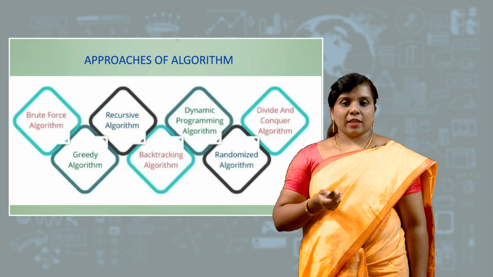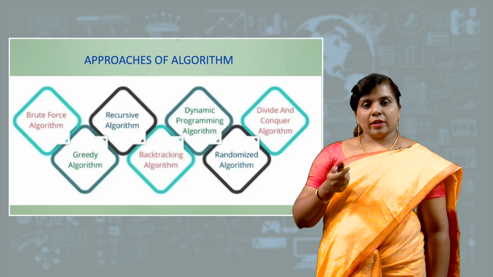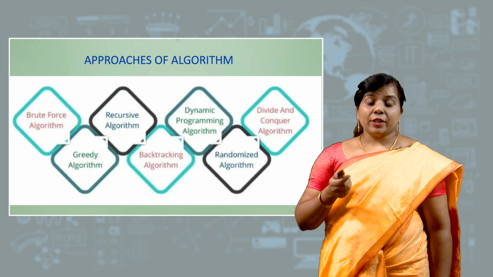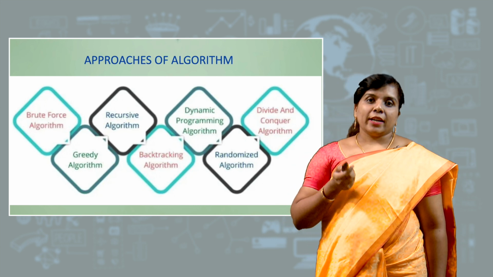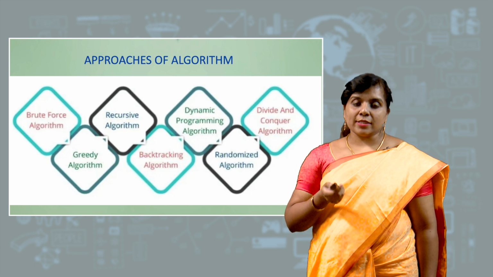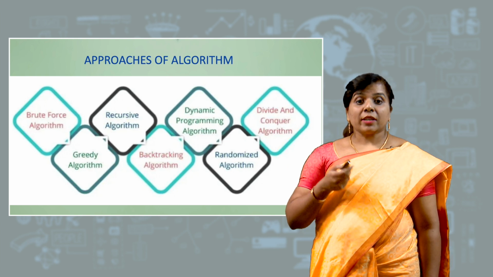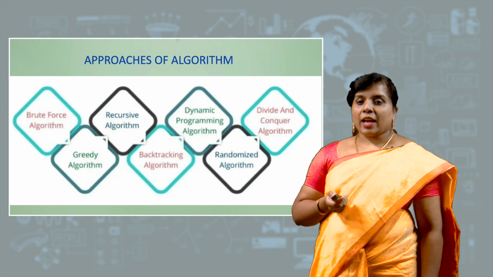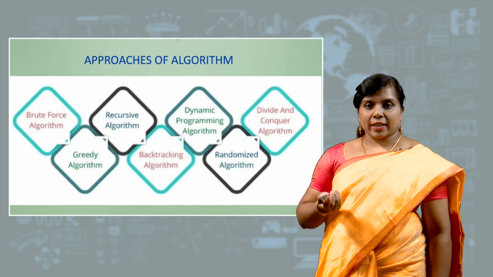And backtracking algorithms are ones in which we apply recursion. We eliminate solutions that do not fit the constraints. We may have some constraints in the problem, and if the solution we come up with does not match the constraints, then we eliminate that solution and still make an attempt recursively to find the best solution. Then we may have some algorithms that fall under the category of divide and conquer.